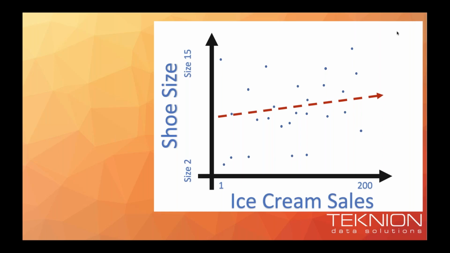Now, it has nothing to do with the inflection of the line or how steep it is, because we're going to see later when we get to the real data that we're going to have some coefficients that are really big, but they really don't mean much to us. So we need to look at all of these things and go, all right, as this variable changes, the outcome variable tends to go up or it tends to go down.